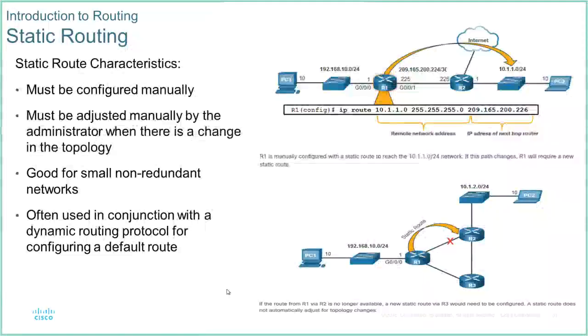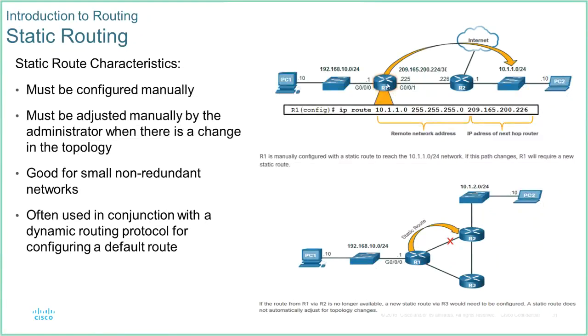That basic information is, I'm going to configure an IP route. This is the network address, this is the subnet mask, and this is where I send it to get it towards the final destination. So this is known as the next hop address.